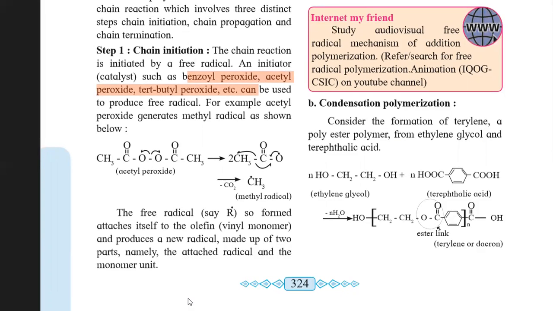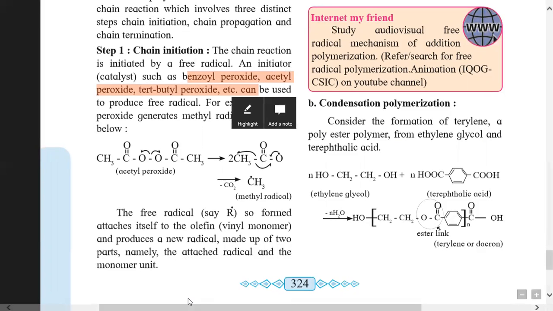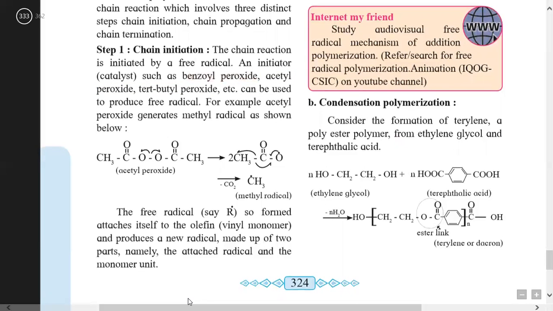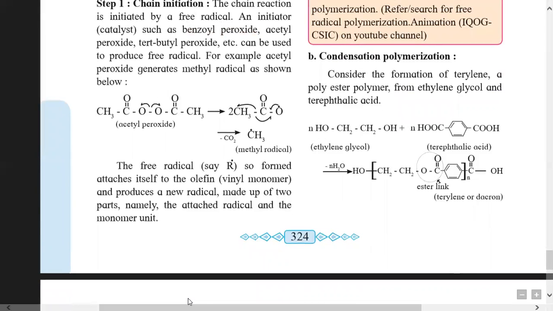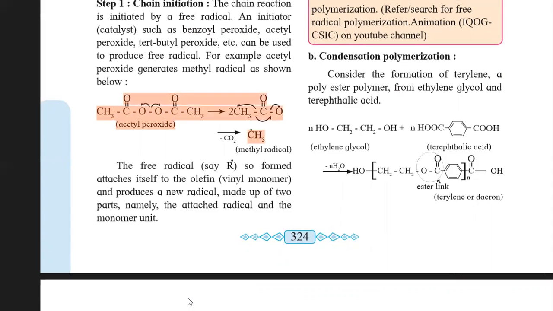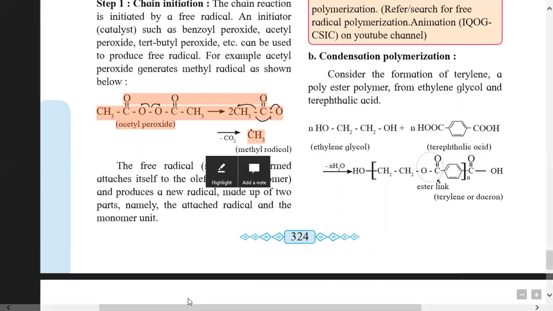These are used for producing free radicals. Here, the example of acetyl peroxide is used. We know the acetyl group is CH3CO. When it is bonded with O single bond O, again CO double bond CH3, this is called acetyl peroxide.